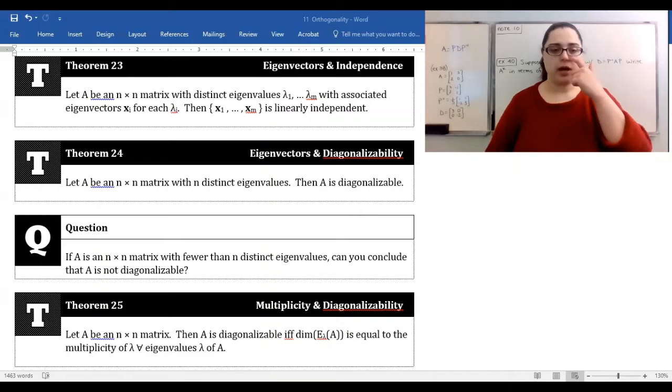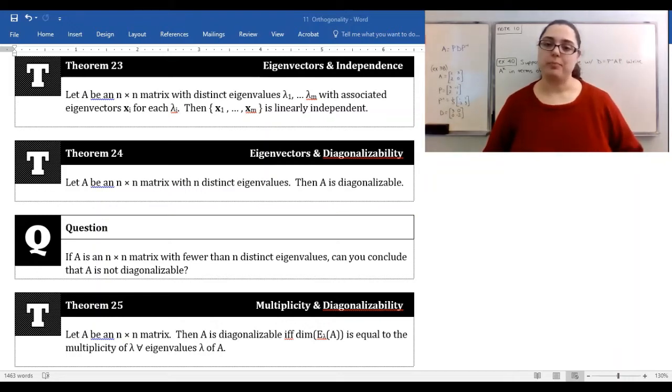Okay, so theorem 24 is helpful if we have the same number of eigenvalues as the dimensions of our matrix. So this is leading into the question, if A is an n by n matrix with fewer than n distinct eigenvalues, can you conclude that it's not diagonalizable? And the answer is no, you can't.